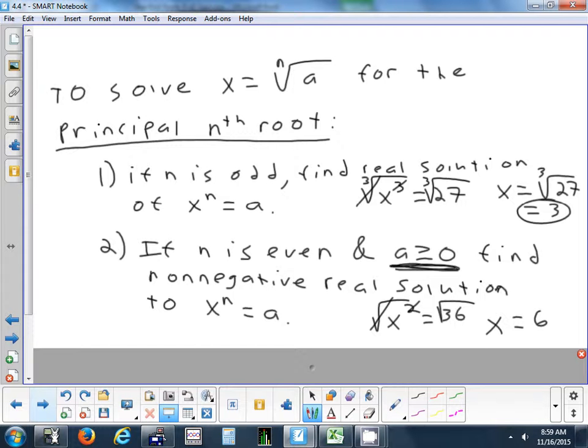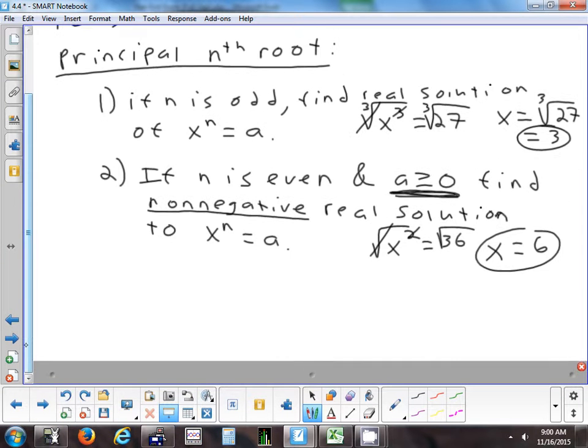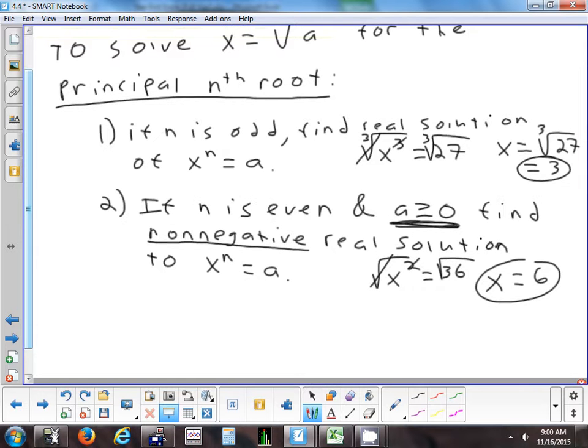Any number times itself that's also 36? Yep, negative 6 times negative 6. But when they're asking for the principal root, they don't want the negative answer. So principal root means two things: one answer to the problem, and it's not imaginary. Okay, any questions on that?